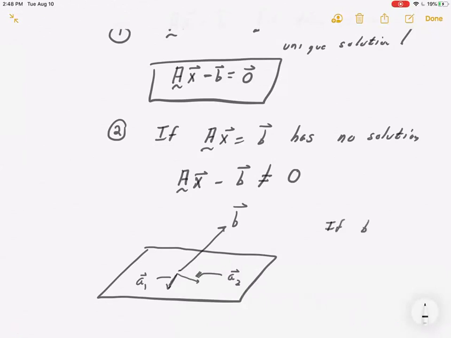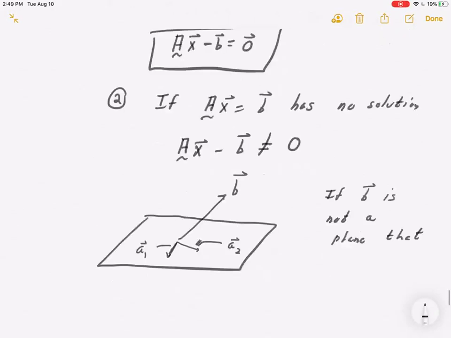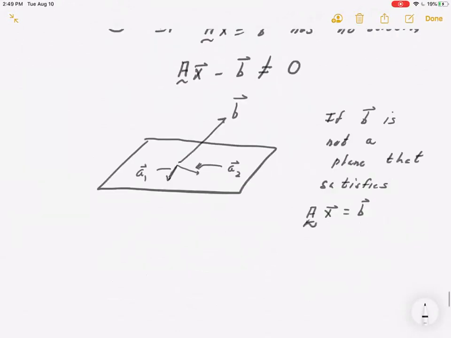If B is not a vector that satisfies this equation, then all we're saying is that you cannot take B and write it as a linear combination of A sub 1 and A sub 2.